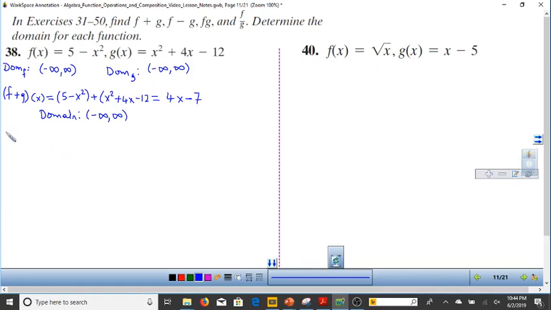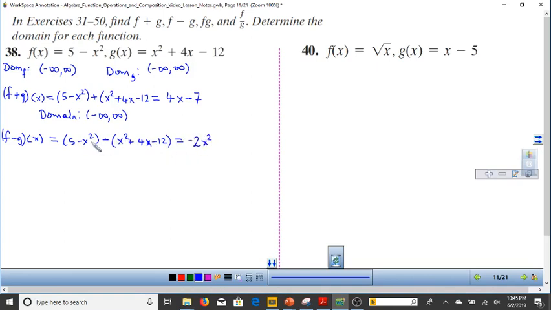Let's talk about f minus g of x. Similar type of situation. But remember now we're subtracting the whole expression. 5 minus x squared minus the quantity x squared plus 4x minus 12. In which case we're simply going to subtract. So negative x squared minus x squared is negative 2x squared.